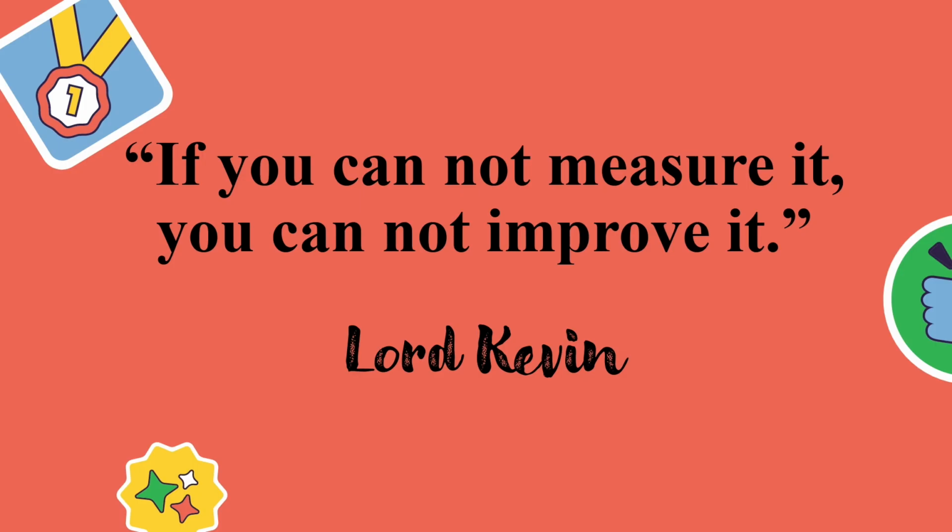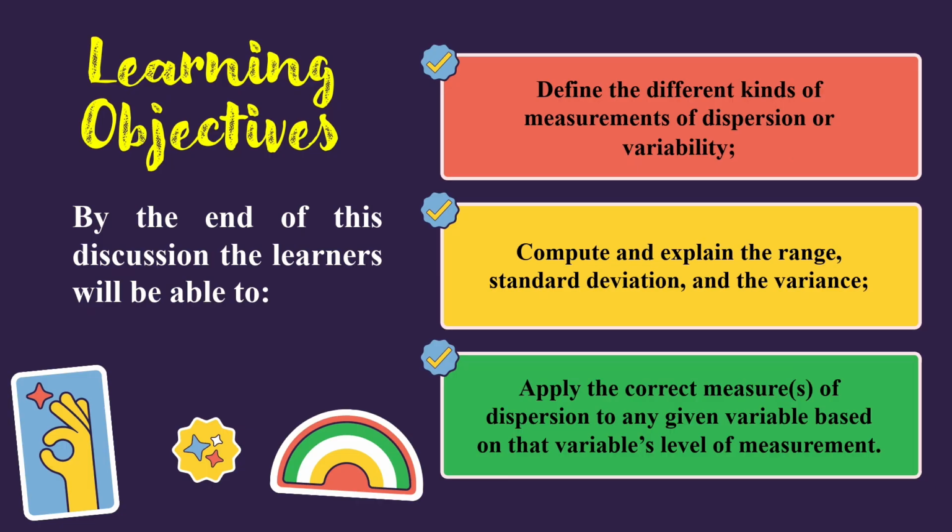In relation to measurement, we have here a quote by Lord Kelvin. He says, if you cannot measure it, then you cannot improve it. So let me welcome you to our discussion about the measures of dispersion or variability. For our learning outcomes, by the end of this discussion, the learners will be able to define the different kinds of measurements of dispersion or variability, compute and explain the range, standard deviation, and the variance.